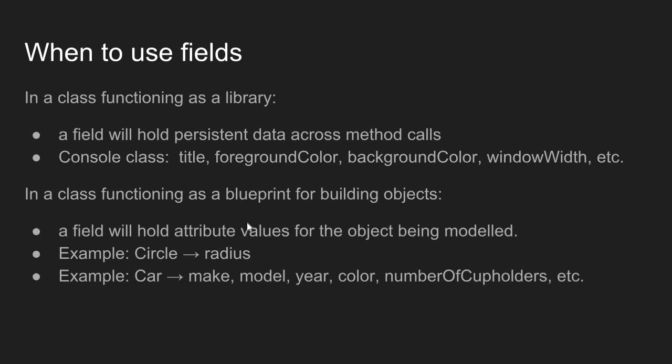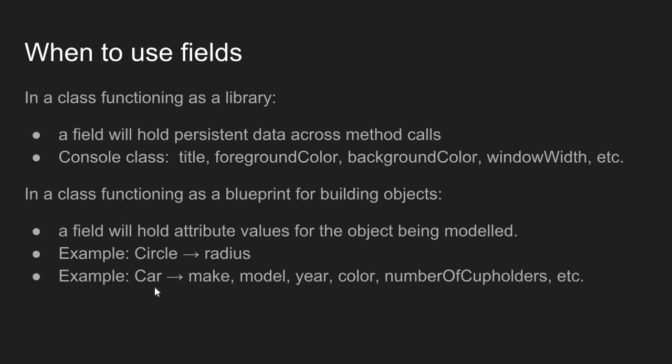If we were building a class that would function as a blueprint for building objects, then field variables hold attribute values, attributes of the object we are modeling. So what does that mean? Well, let's say we wanted to build a class that would represent a circle. We want to model a circle in our program. Well, a circle has a radius, so maybe we could create a field variable that would hold the circle's radius.